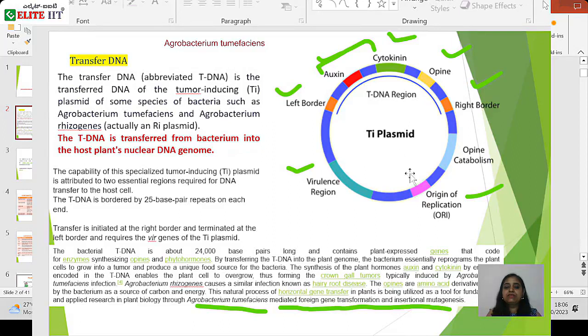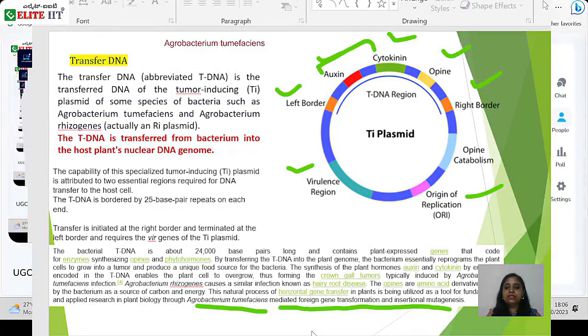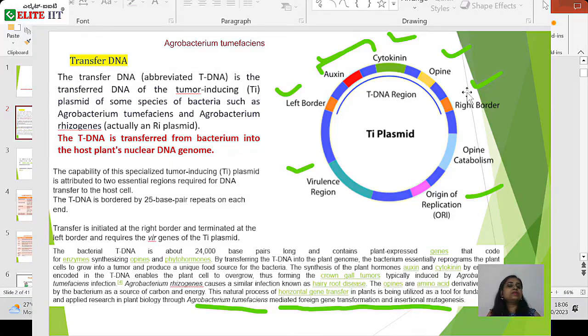I just informed you that TI plasmid is utilized in the plant gene cloning system. During the first class of gene cloning, I discussed TI plasmid, but only briefly. Today I'm going to discuss it elaborately.